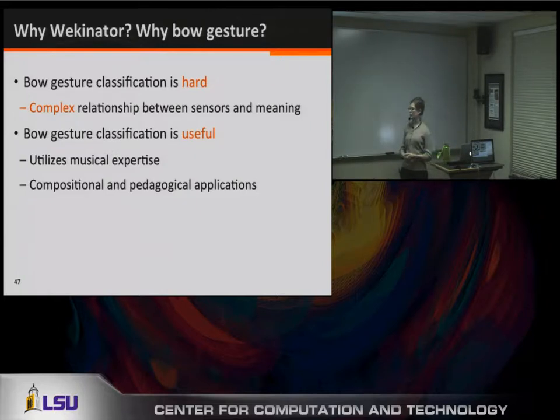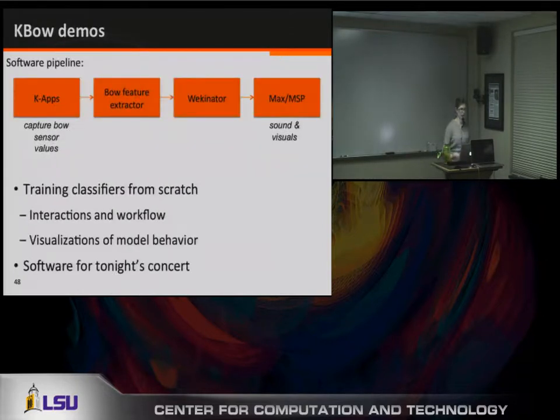And there are a lot of compositional and pedagogical applications here. If we can determine which bow strokes Meg is playing, we can hook that up to a Max patch and control parameters of the sound. Or we can give a classifier to a student and say, how well can this classifier classify your bow strokes now that you're just learning ricochet? And it gives some feedback. So those were our motivations in this project.